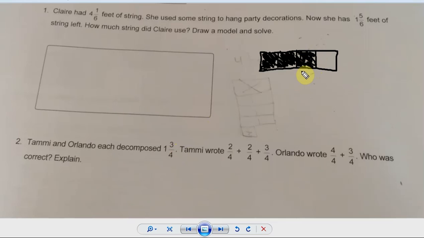So that is 3/4. But we started off with 1 whole and 3/4. So we're going to have to draw back another one to make the 1 whole, and we shade all of it because that's 1 whole.